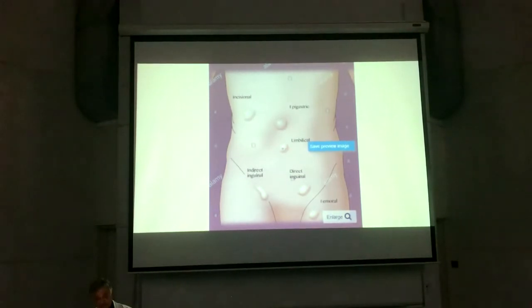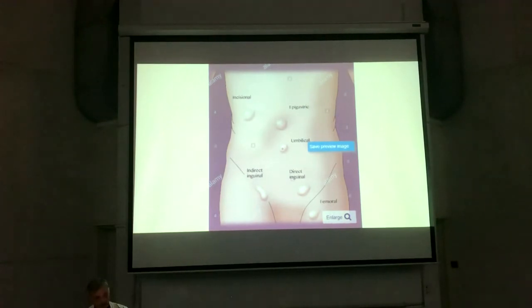And there is what is called indirect inguinal hernia. This is common. I am sure that you are going to see lots of indirect inguinal hernia. The path of descending testis down to the scrotum should be closed and forgotten about by the birth of the boy.